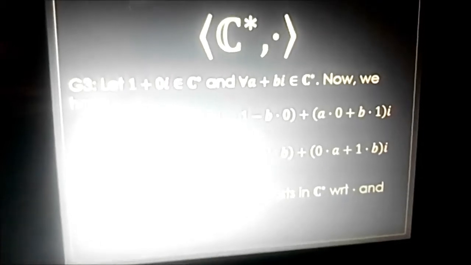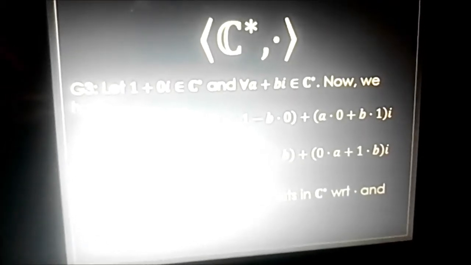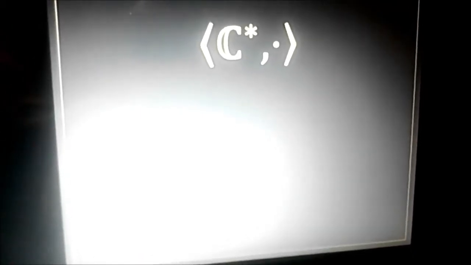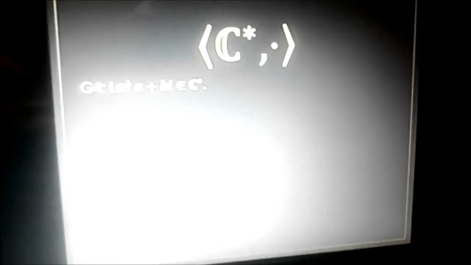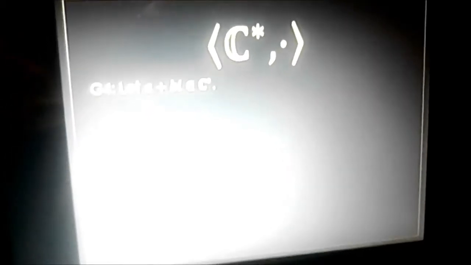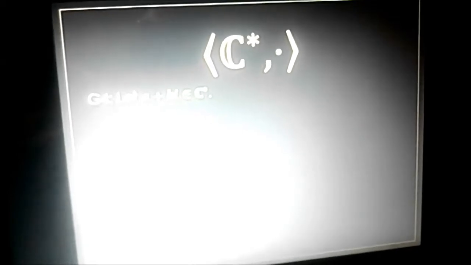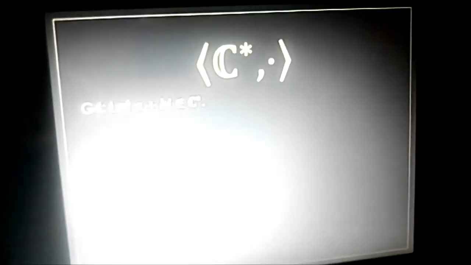Since we proved already G3, we proceed to the last property of proving a group in the complex numbers under multiplication. G4 is the inverse element. Suppose we have a + bi be an element of C star.